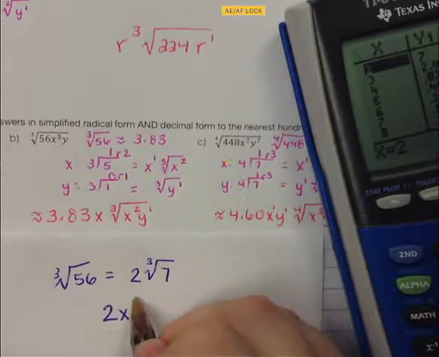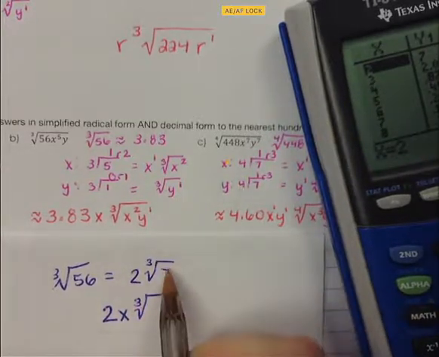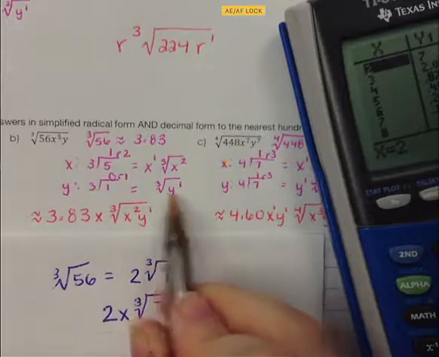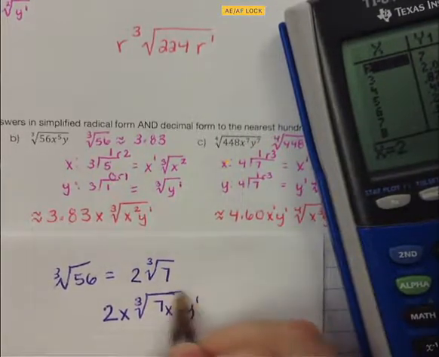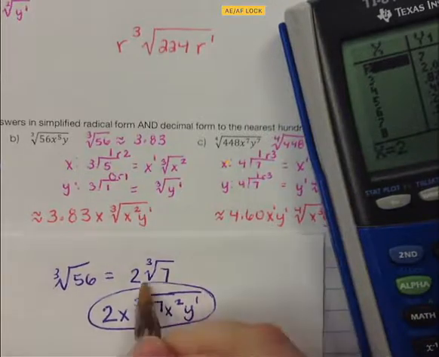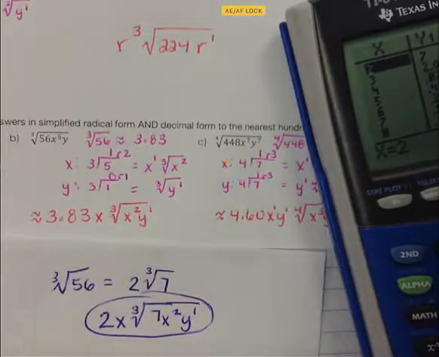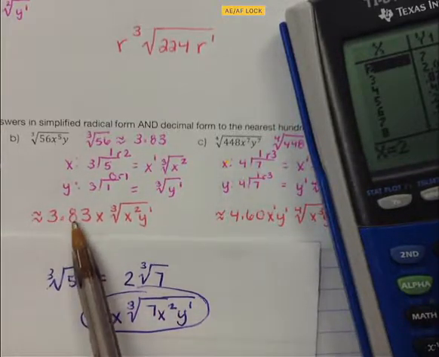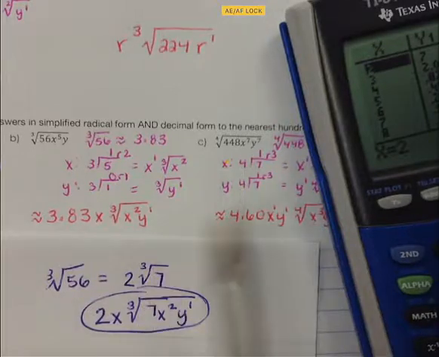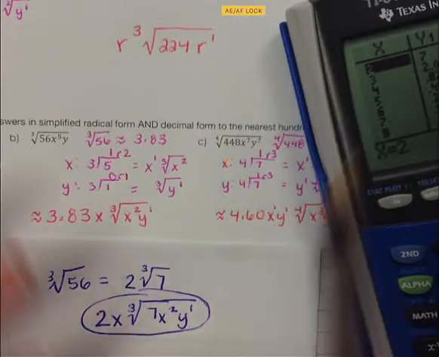Then I'd have my cube root, my 7 is my radicand, my x squared is my radicand, and my y to the first is my radicand. So this is actually the simplified version of it without decimals. I'm not expecting this to happen every time, but what I'm saying is you can get the same values by using your calculator like we did earlier.